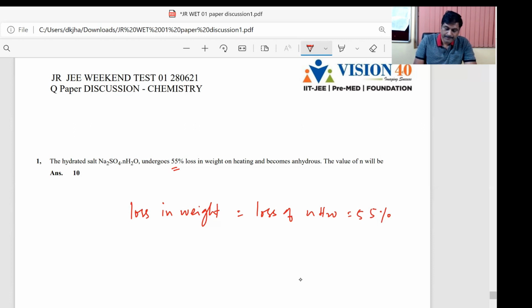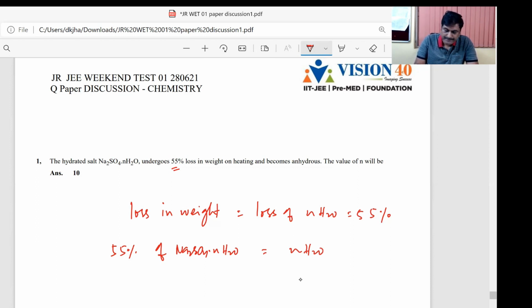So the value of n we can find easily: nH2O is 55% of the hydrated salt.